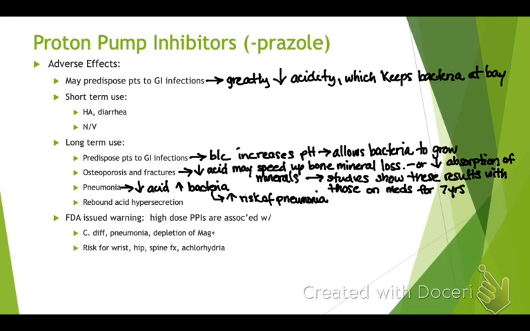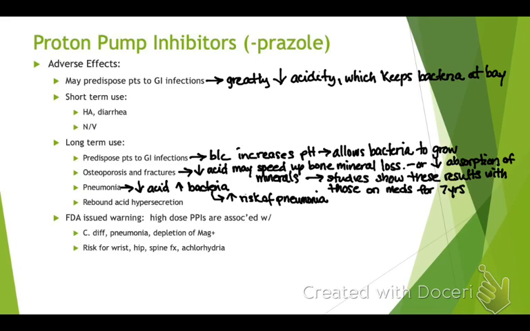Studies do show that these results occur with those that have been on these meds for 7 years and up. Long-term use can also cause pneumonia. Again, decreased acid, increased bacteria. It increases the risk of pneumonia. And also with long-term use, you might see rebound acid hypersecretion, because they've been on it for so long, your body will rebound from the effects.